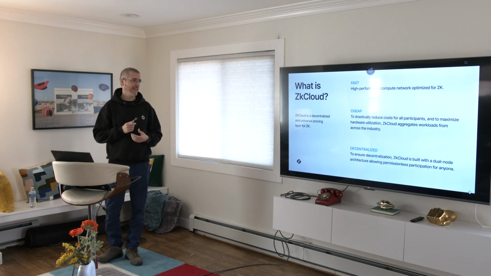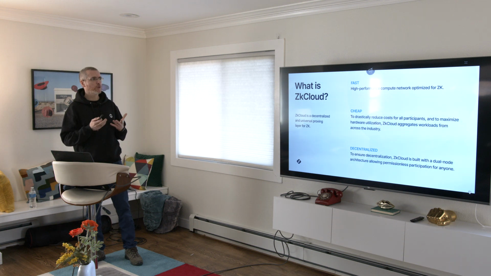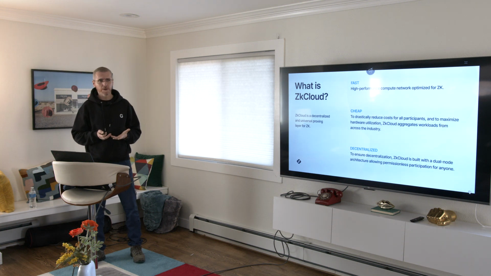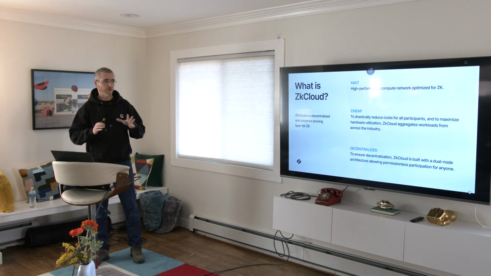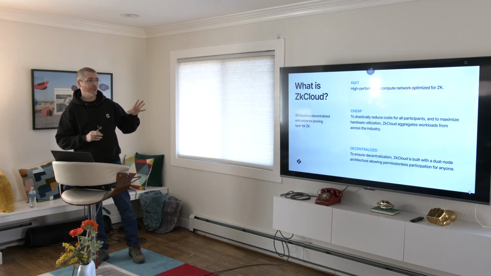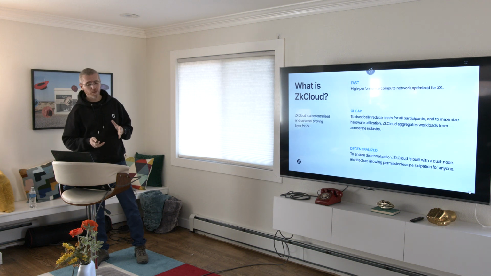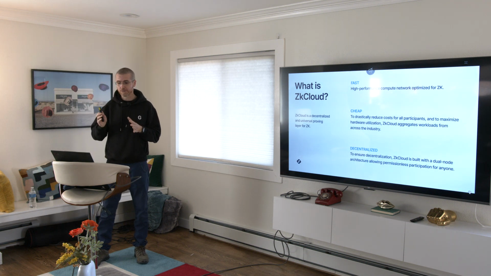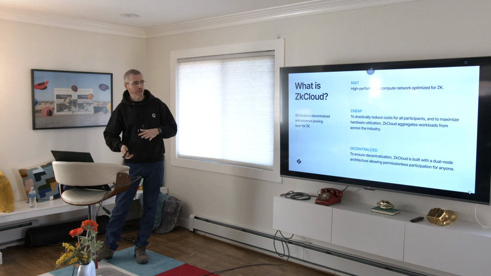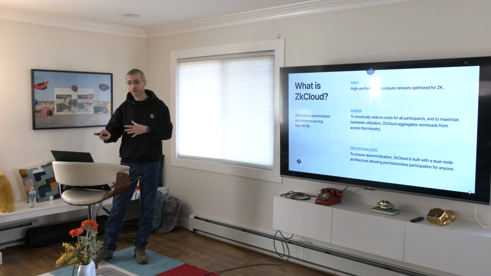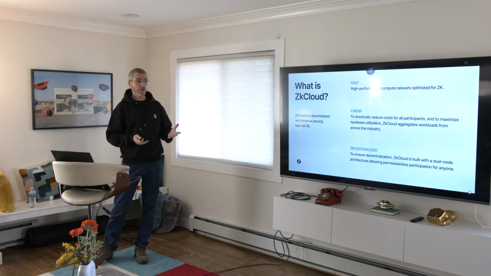Now, what is ZkCloud? ZkCloud is the first universal proving infra for ZK. That means, in 3 words, it's really fast, cheap, and decentralized. It's a highly optimized compute network. It's fast and cheap because we are aggregating workloads from all over the industry, drastically reducing the costs for participants and reaching pretty high hardware utilization for our node operators.